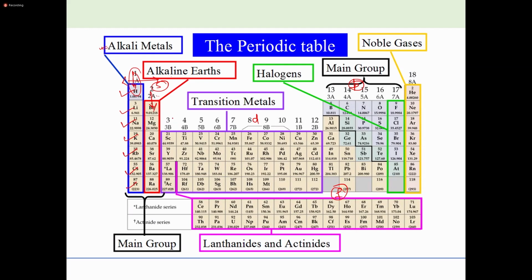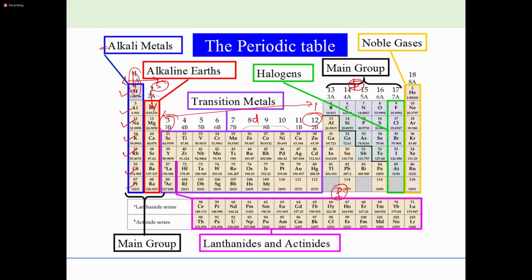Second, groups 3 to 12. These elements, scandium to zinc, cadmium to zinc, are called transition metals.